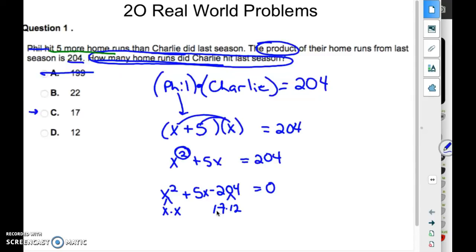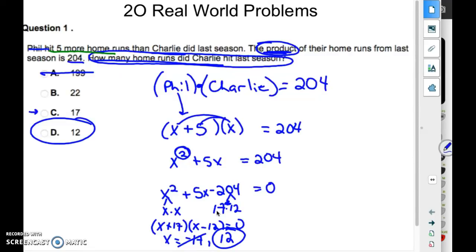And to get negative 204, we'll need a positive 17 and a negative 12. So our factors, x plus 17 and x minus 12 equals 0. When we solve those, x is negative 17 and positive 12. Well, you can't hit negative home runs, so our answer would be 12.